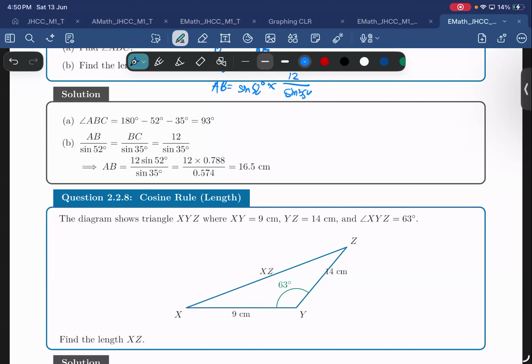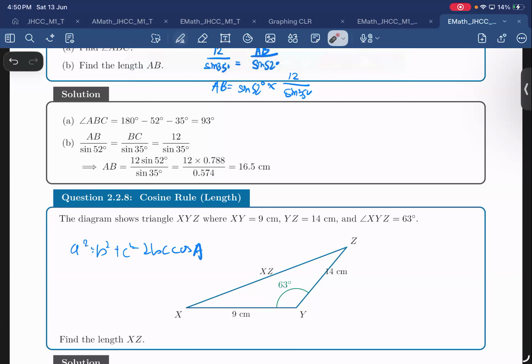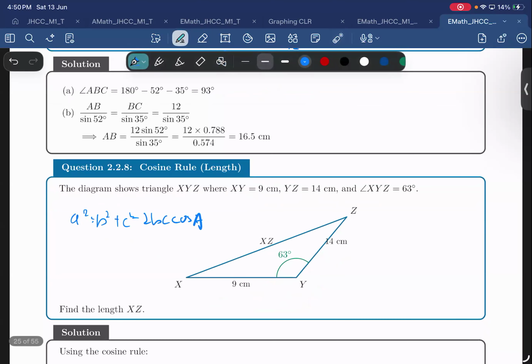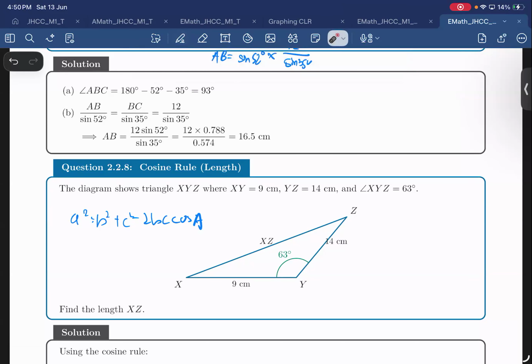So the equation for cosine rule will be given in the formula sheet in the front, right? It's going to be a squared equals b squared plus c squared minus 2bc cosine A, capital A. In this context, we want to find XZ, right? XZ is your small a, and capital A is the angle opposite small a, which is 63 degrees.